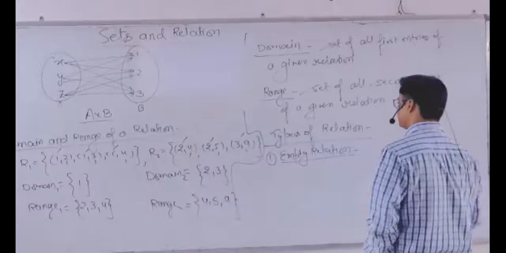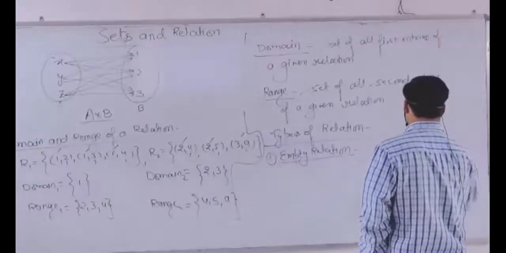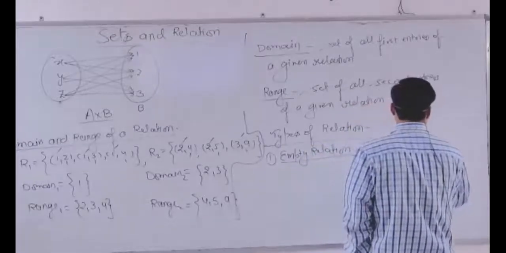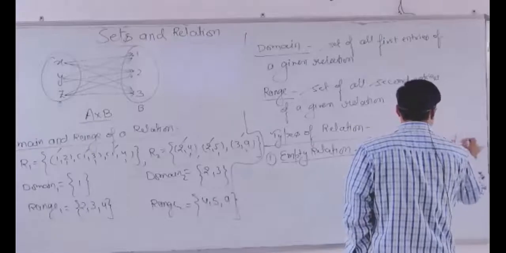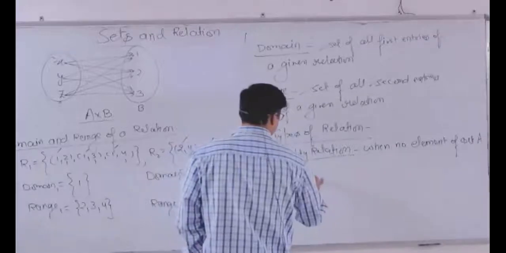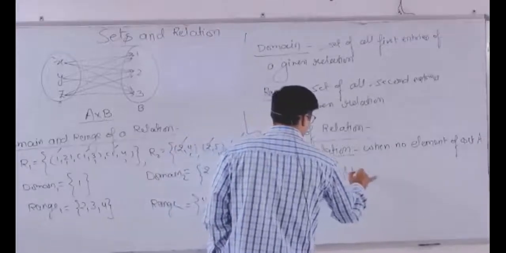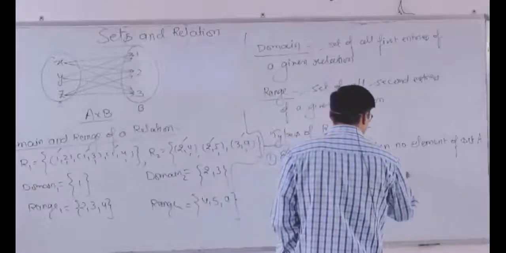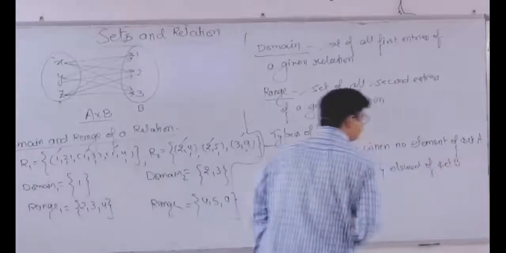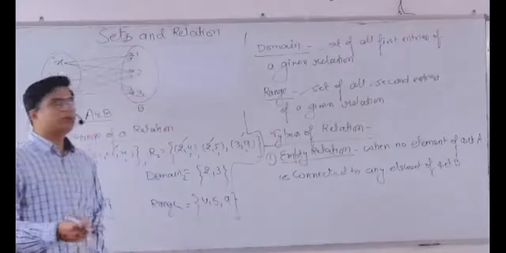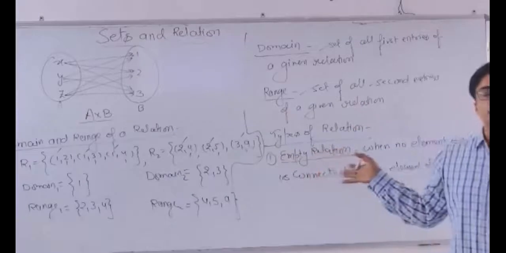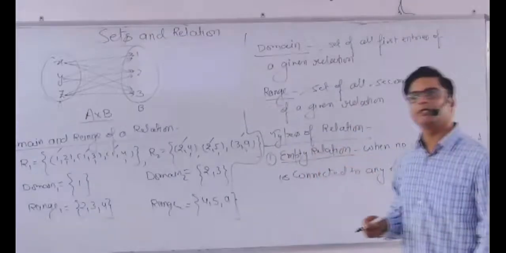So empty relation is when no element of set A is connected to any element of set B. So is it a proper subset or an improper subset?